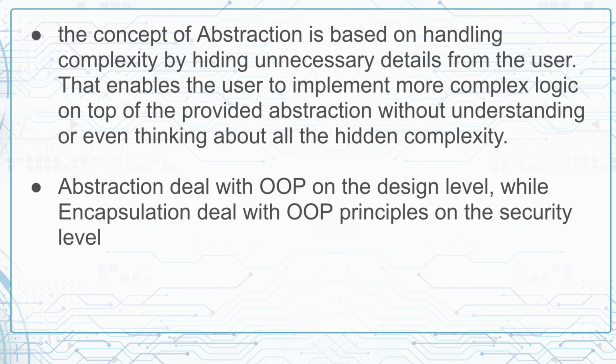Generally speaking, abstraction is the concept of hiding your internal operations or internal methods from the user, or from anyone who's gonna use your project, in order to make your project look simpler and more readable, and also to give the user the time to build on top of your project instead of wasting time understanding and learning the internal operations and internal methods and how your project works from inside.